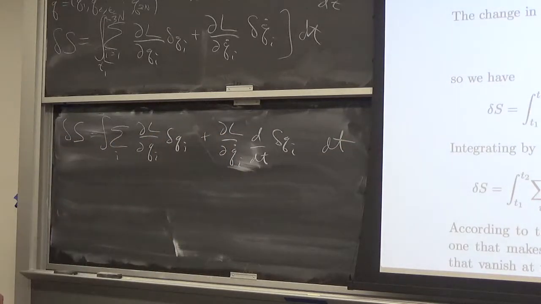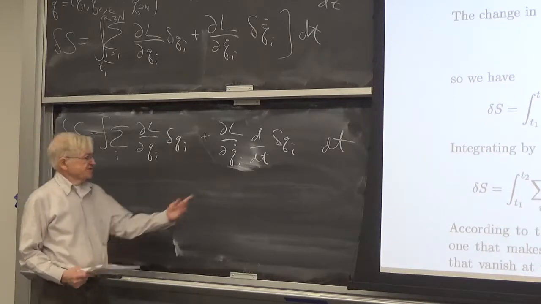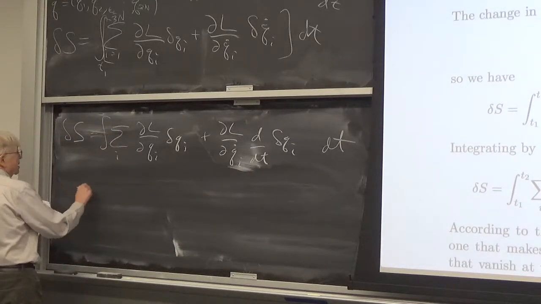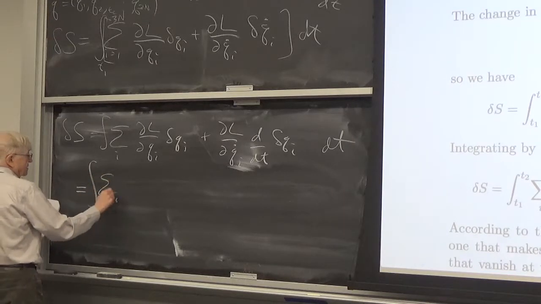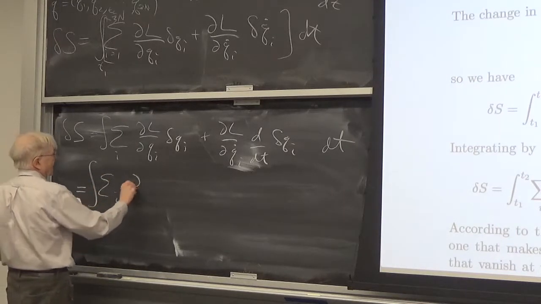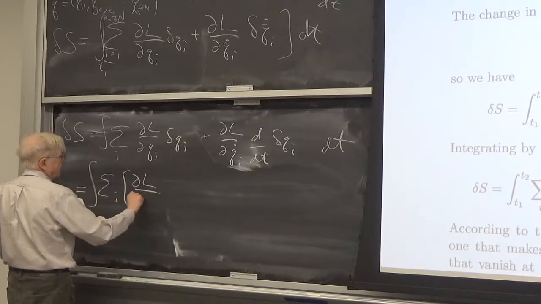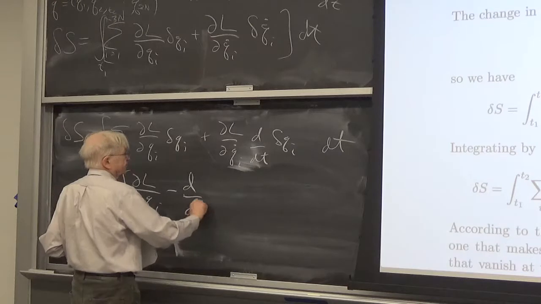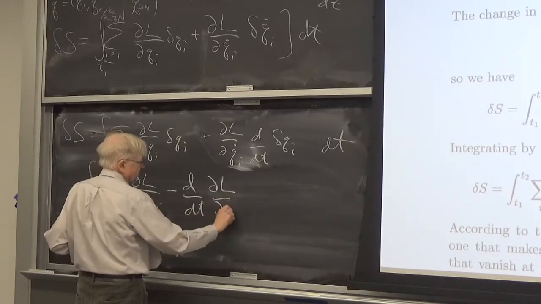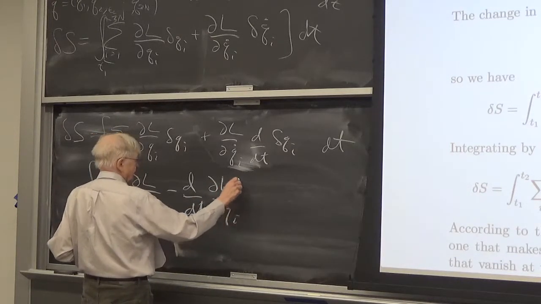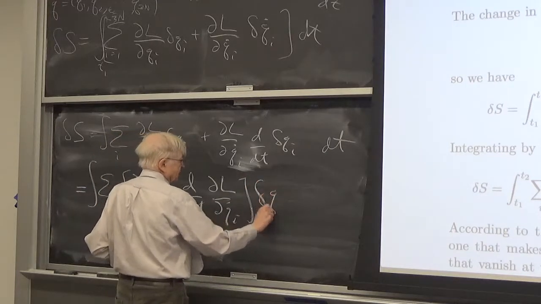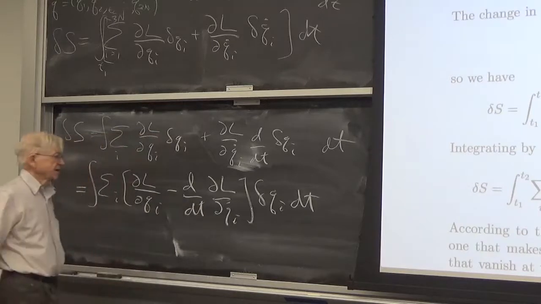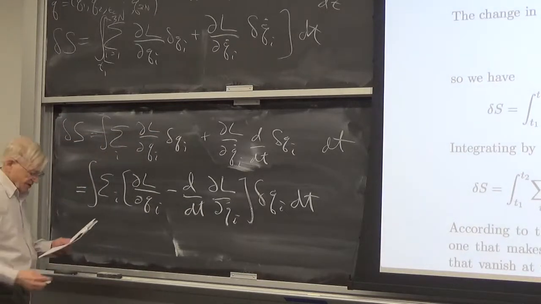And so then you could integrate by parts this term here, and if you do, you then get partial L partial Qi minus d by dt partial L partial Qi dot, times the change in Qi and all that integrated dt, plus a surface term.